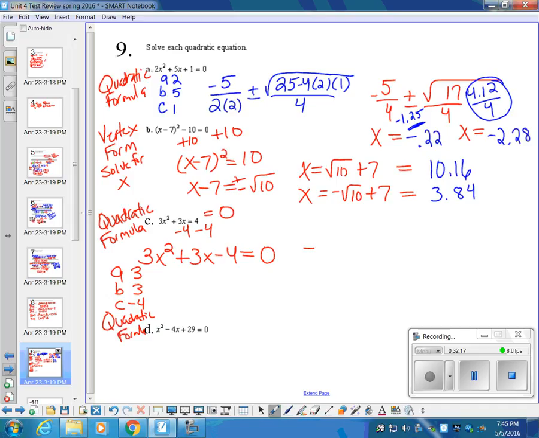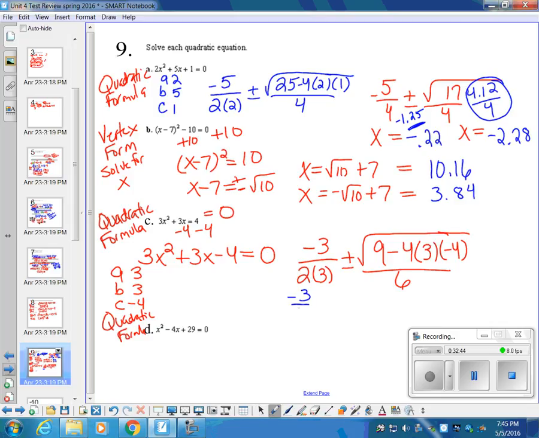Opposite of B, negative 3 over 2A, plus or minus, B squared is 9 minus 4AC over 6. Okay, we get negative 3 over 6 plus or minus the square root of 57 over 6.